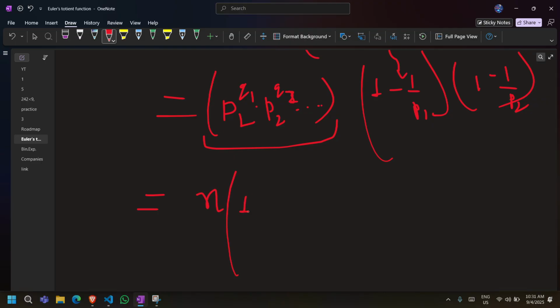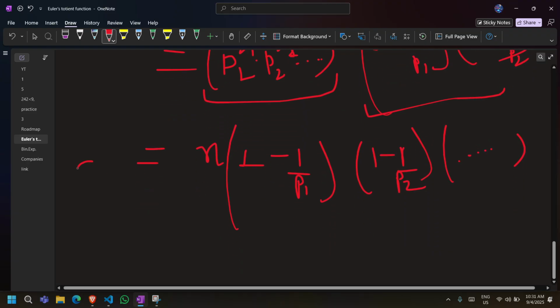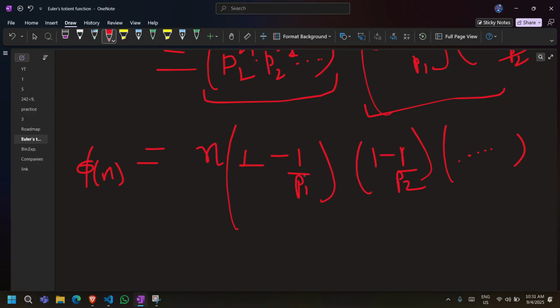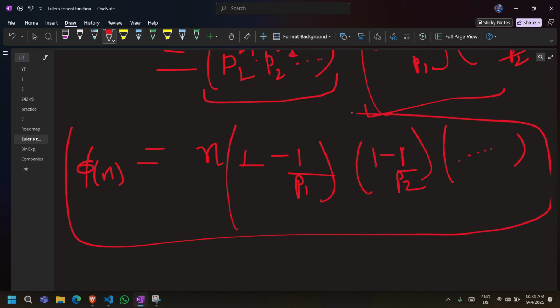So you can write n into 1 minus 1 upon p1 into 1 minus 1 upon p2 into 1 minus 1 upon p3 and so on. So phi of n is the number multiplied by 1 minus 1 upon prime, for all the primes. Right? So you get this.